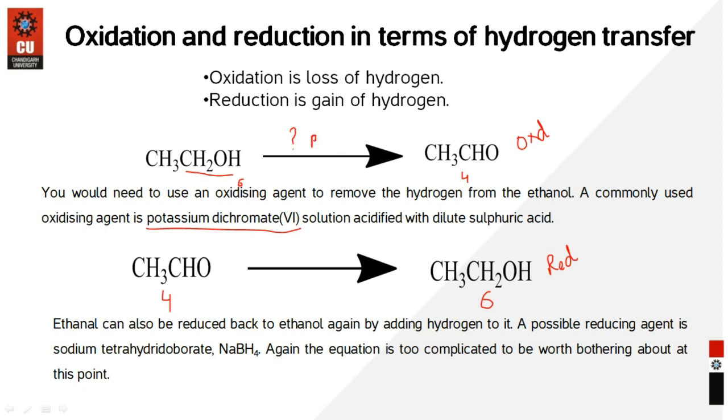So PCC, pyridinium chlorochromate, is the best reagent if we want to choose at this stage, right. Similarly we have aldehyde. If we have sodium borohydride, that is a very selective reducing agent that converts aldehyde into alcohol, right.